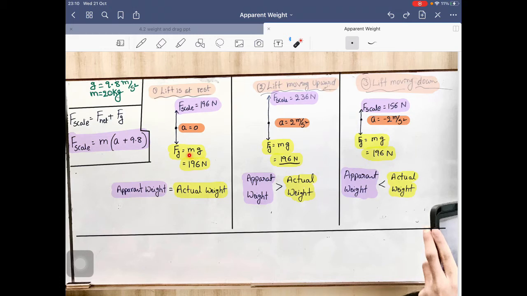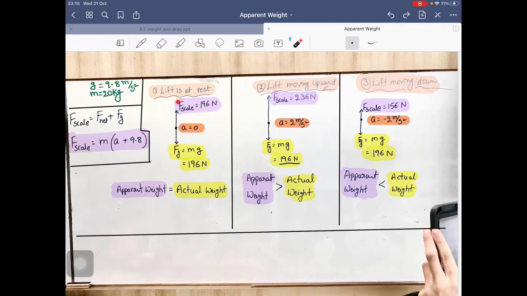The mass is 20 kilograms, g value is 9.8, so you get the weight of the person, 196 Newtons downward. For the scale reading, we have the formula mass times a plus 9.8.